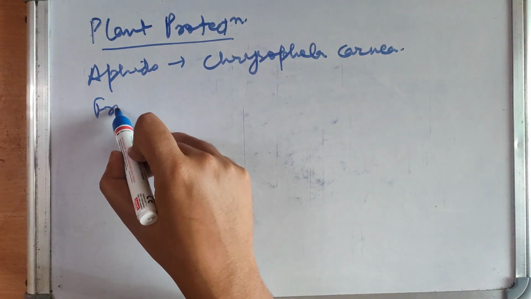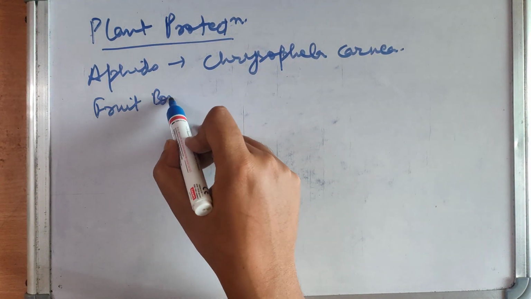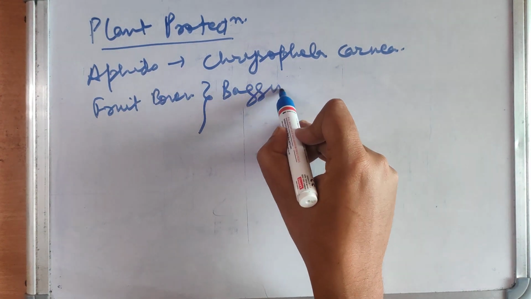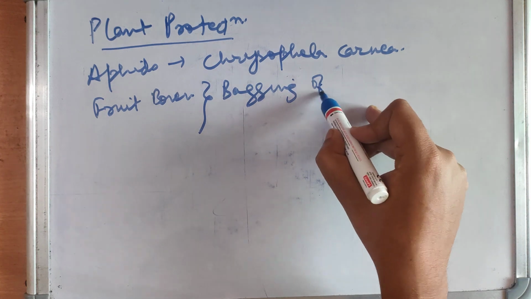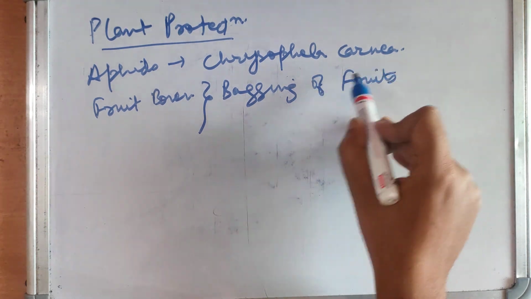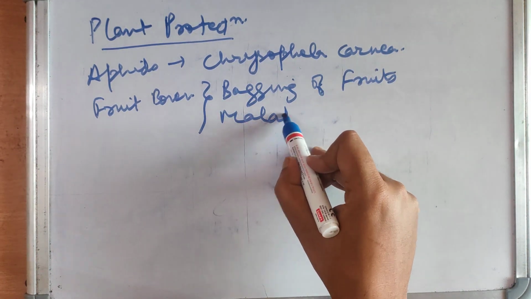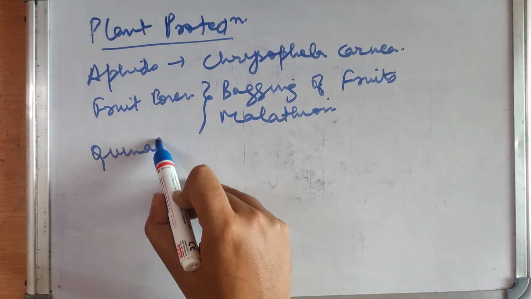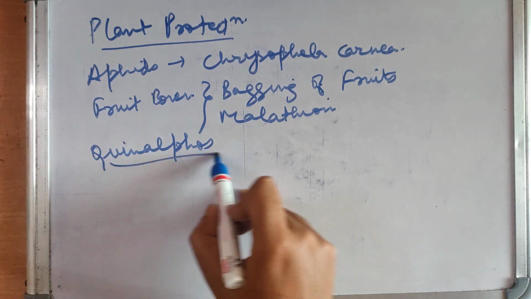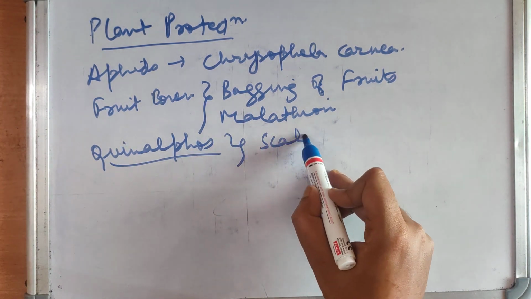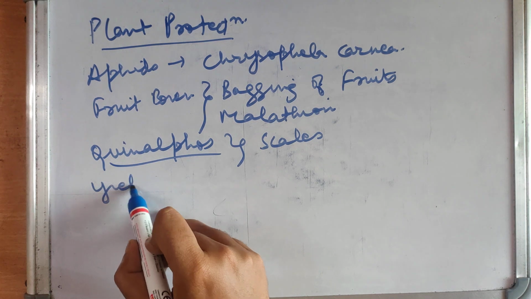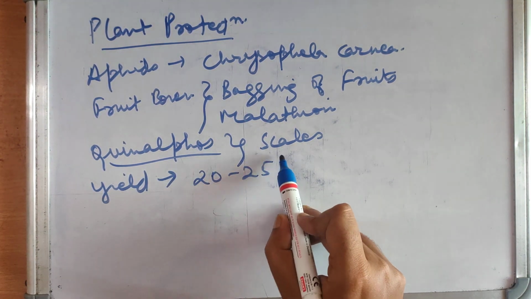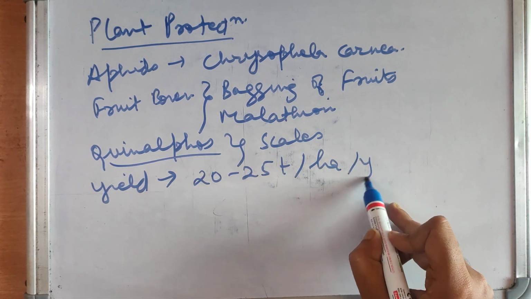For fruit borers, either we will bag the fruit, which is a kind of preventive measure, or we can use malathion. We can also use quinalphos. This can be used for scales. Yield of pomegranate is around 20 to 25 tons per hectare per year.